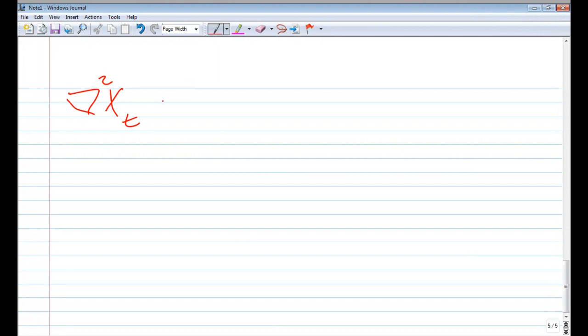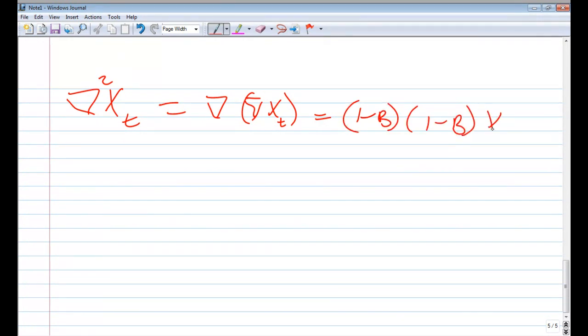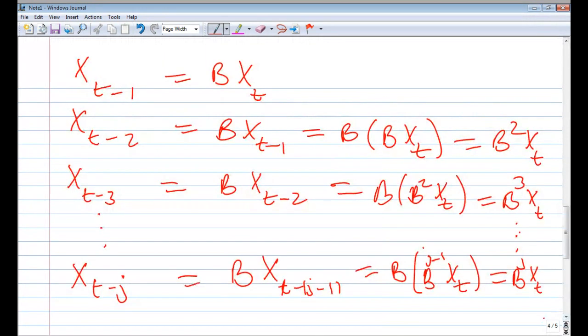So now this can also be written as what? Change in change in xt, isn't it? And this can also be written as what? 1 minus b, 1 minus b xt.